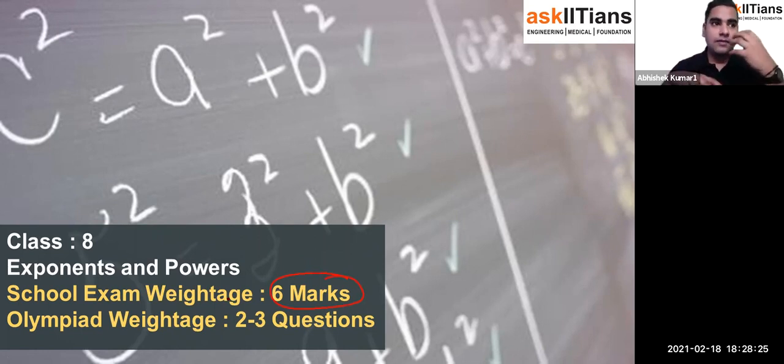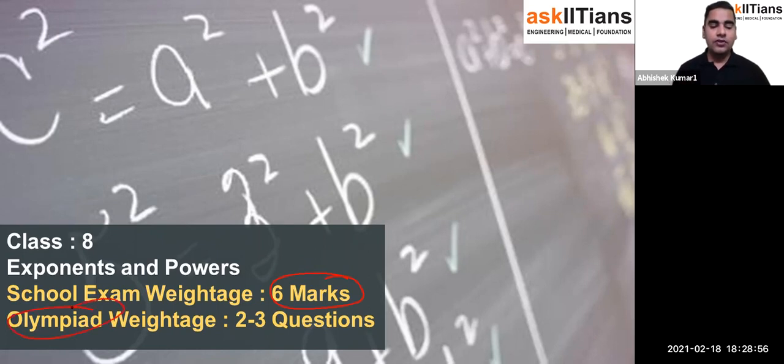Some schools might give questions of less than 6 marks from this chapter, some schools might give questions of more than 6 marks, and some schools might give questions carrying exactly 6 marks. So you can say from 4 to 7 or 4 to 8. That's the kind of weightage this particular chapter has as far as your school examination is concerned.